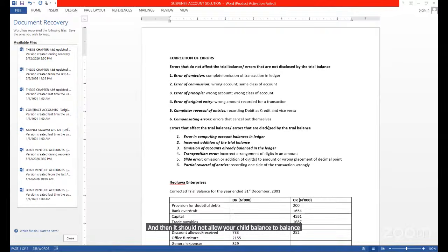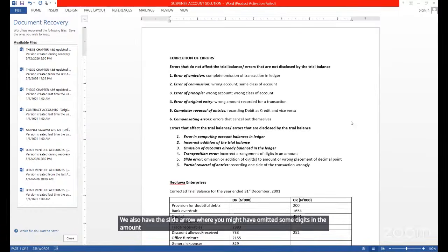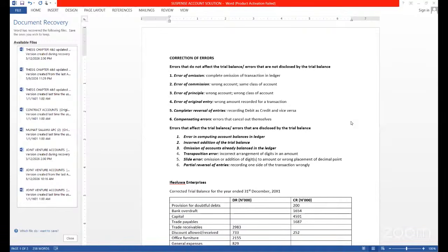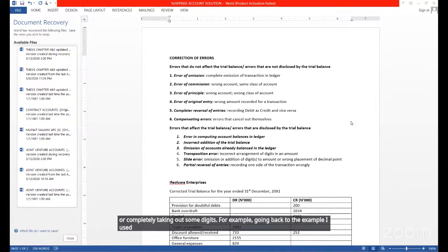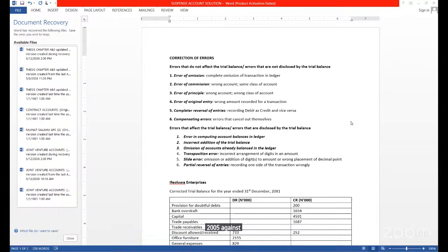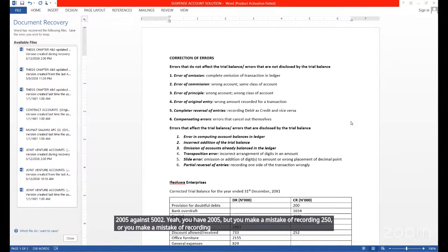We also have the slide error, where you might have omitted some digits in the amount, completely taking out some digits. For example, going back to the example I used, 2,005 against 5,002. You have 2,005, but you make a mistake of recording 250, or you make a mistake of recording 25,000.